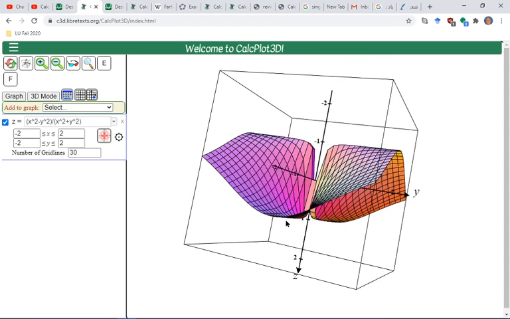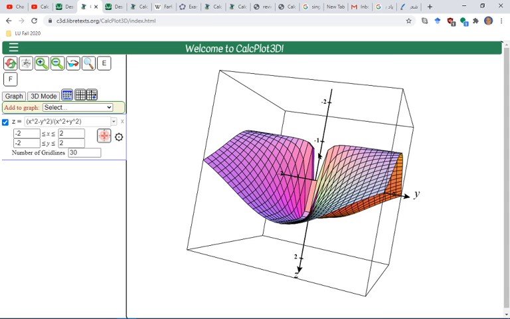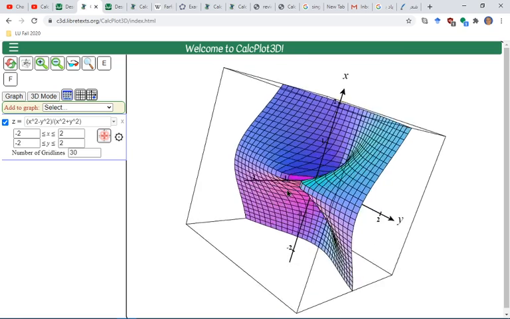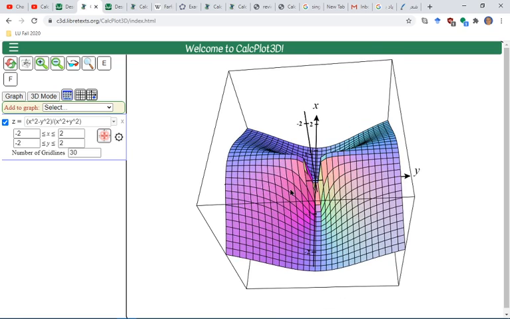And we have a hard time figuring out what's happening right at this central place. That is where x and y are equal to 0. At x and y equal to 0, we are looking at 0 divided by 0. That is causing a lot of problems here, and understanding it is going to take a while.